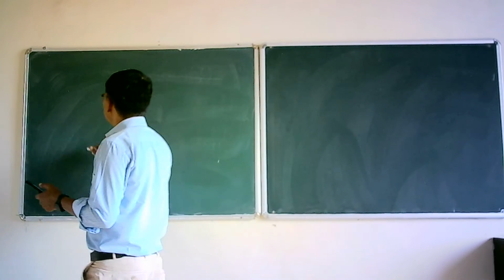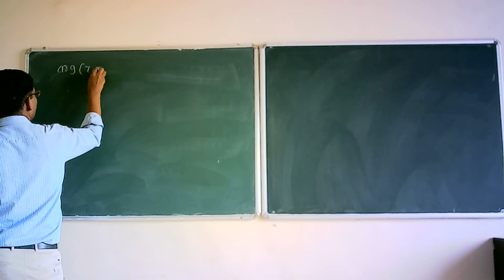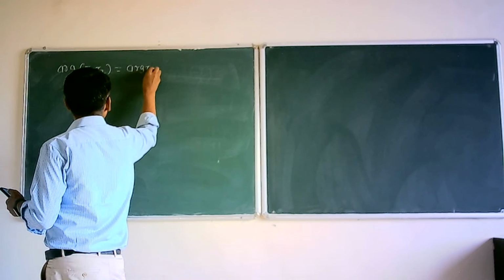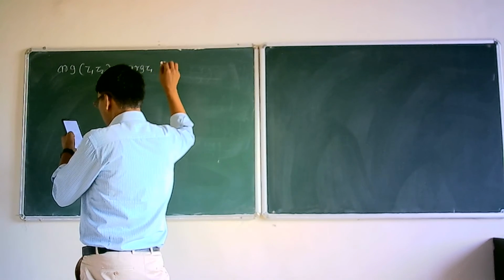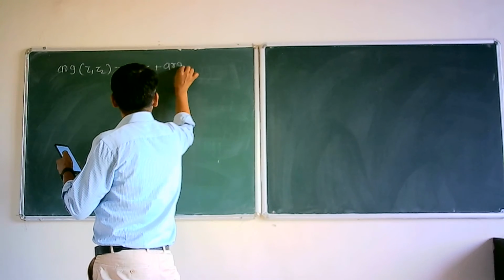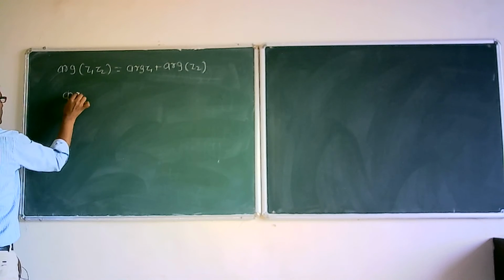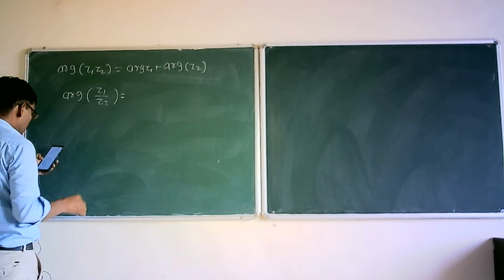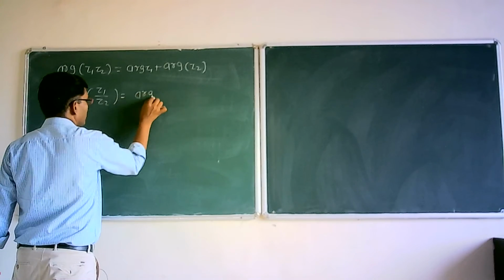Argument of z1 z2 is equal to argument of z1 plus argument of z2, and argument of z1 divided by z2 is equal to argument of z1 minus argument of z2.